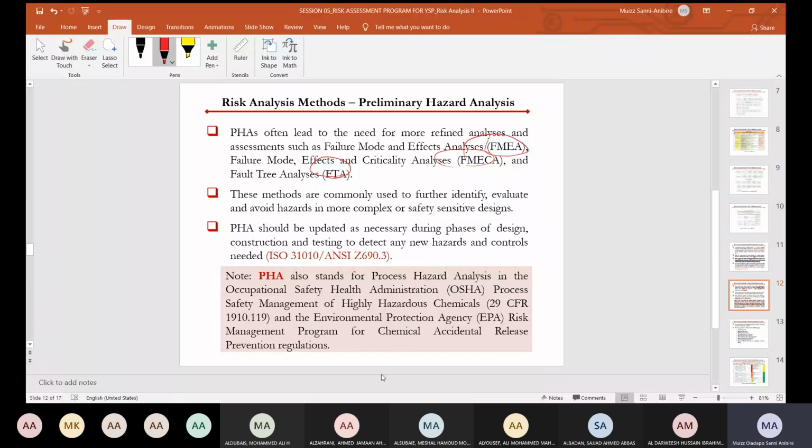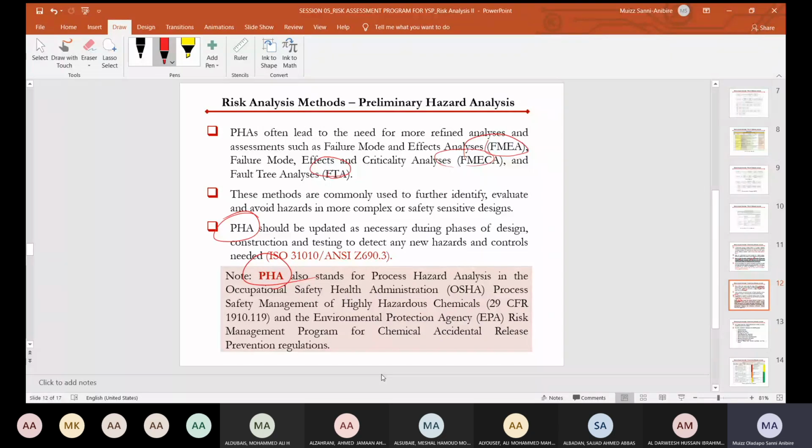Now, there's a different type of PHA. This one is called process hazard analysis. So it's different from preliminary hazard analysis, okay. So the first PHA, preliminary hazard analysis, is a risk assessment method, as we have been discussing. When it comes to process hazard analysis, it's a different topic.